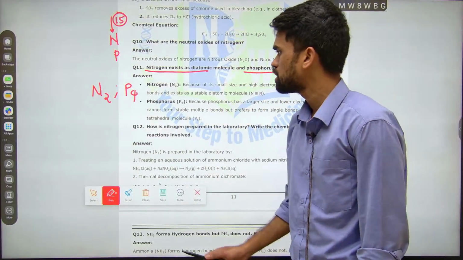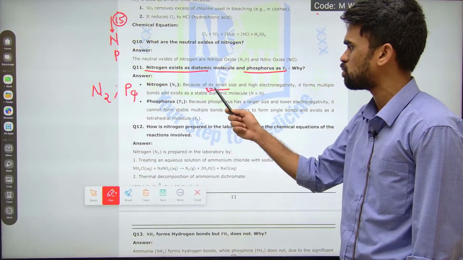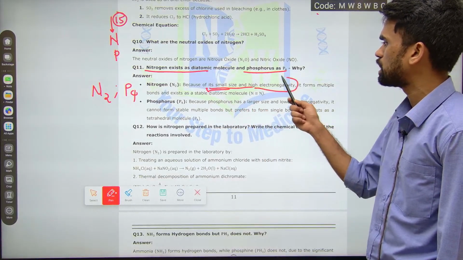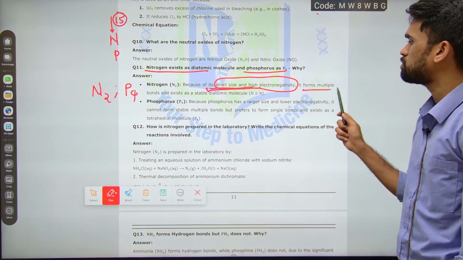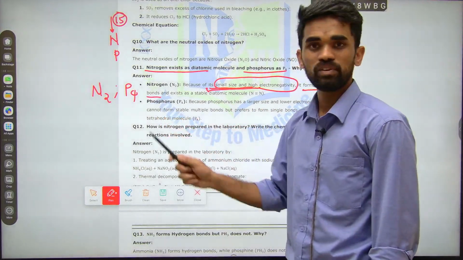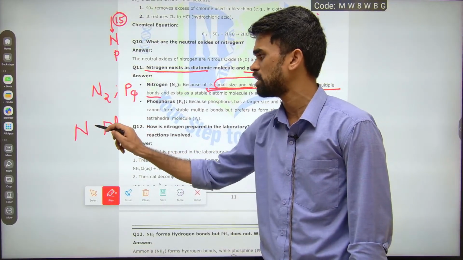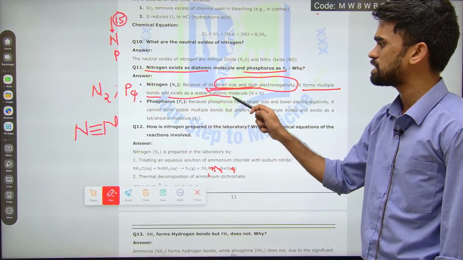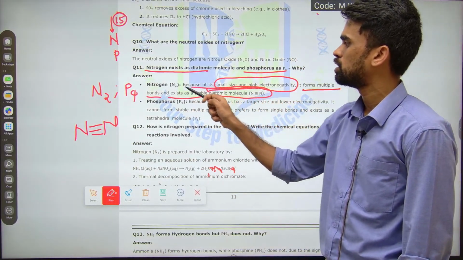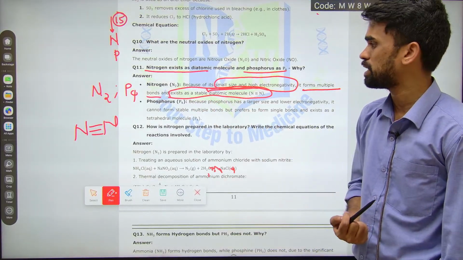Because nitrogen has a very small size and high electronegativity. Due to its small size and high electronegativity, it forms multiple bonds. Between 2 nitrogen atoms, it will have multiple bonds. Okay, it forms multiple bonds and exists as a stable diatomic molecule.